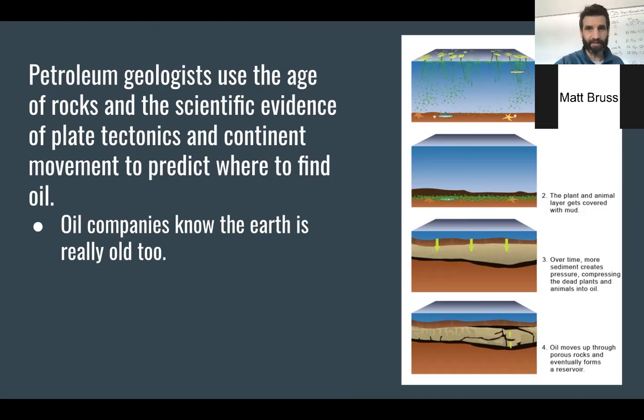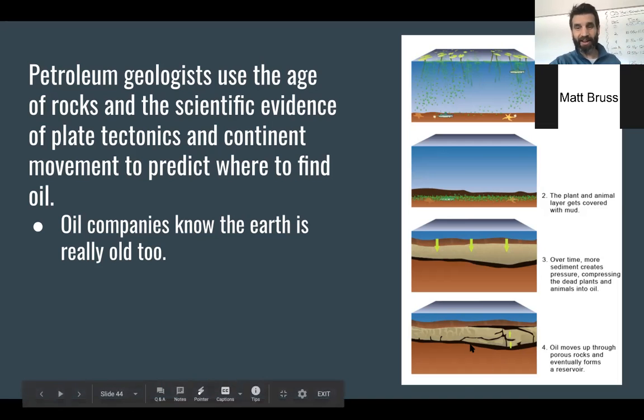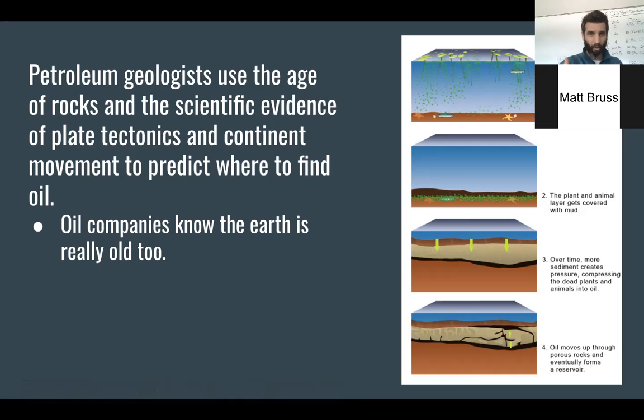It's really expensive to go digging and drilling everywhere. So oil companies pay a lot of money to geologists who understand the age of rocks, so they can understand that's the amount of time it would take for ancient organisms to be converted into oil, and we should go look for oil here.